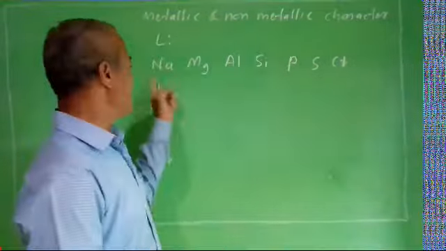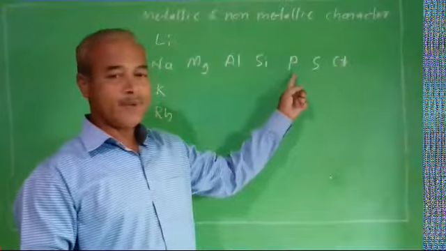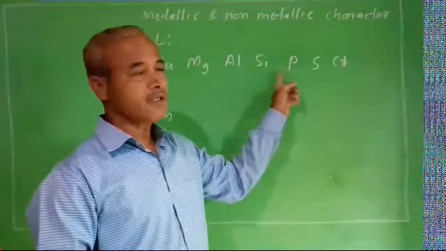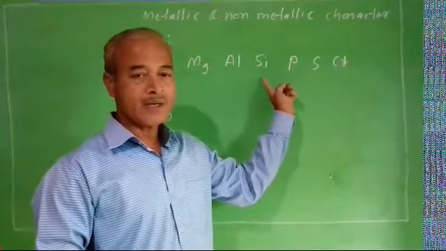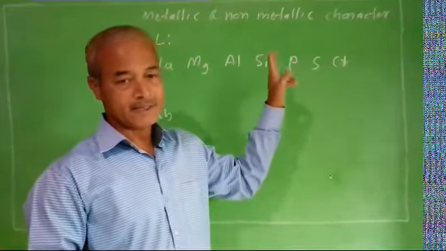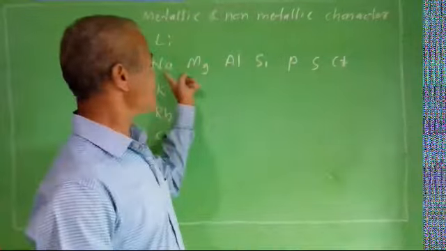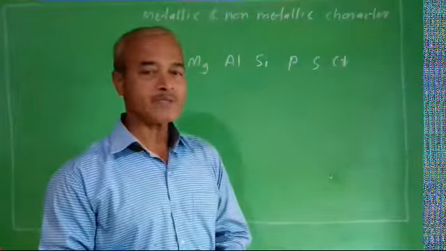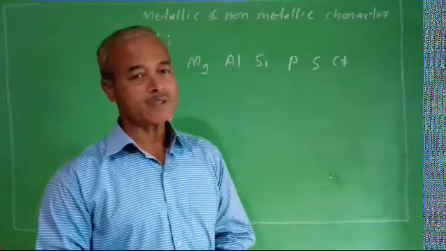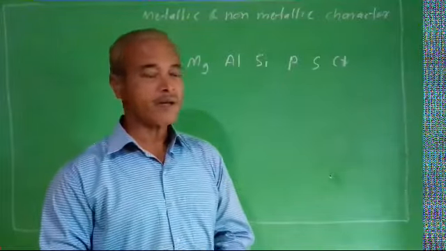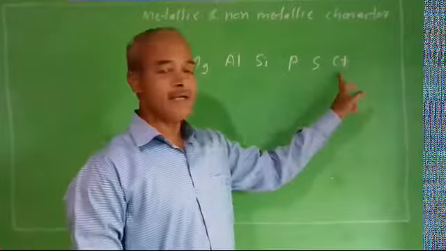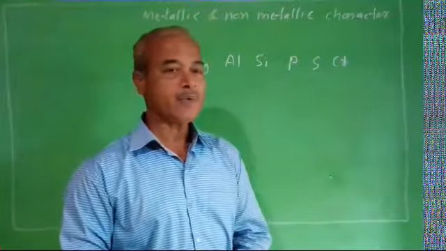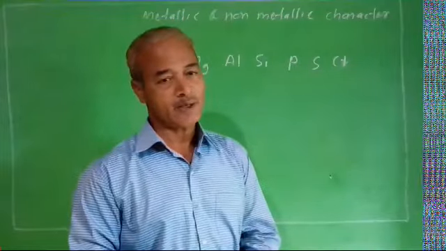So we see, as we go from left to right, that is in the period, the metallic character goes on decreasing. So sodium is the most metallic element, most electropositive element, whereas chlorine is the least metallic element or least electropositive element.